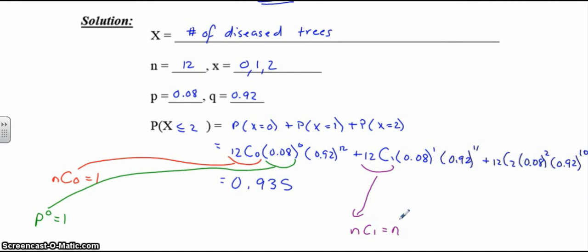So in row 8, the second term would be 8. So if you were calculating this, the only thing you'd have to type into your calculator is 0.92. And anything with an exponent of 1 is just the same. So you could have just put 0.08. You don't have to do 0.08 to the exponent 1.